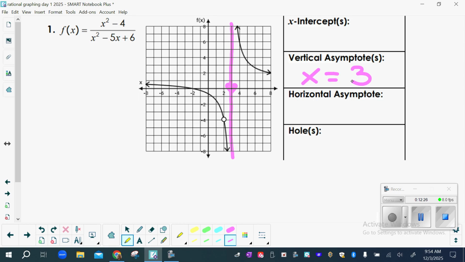Find the horizontal asymptote. Draw it in. See if you can find the horizontal one that they both get close to, but neither one touches. Here he is.